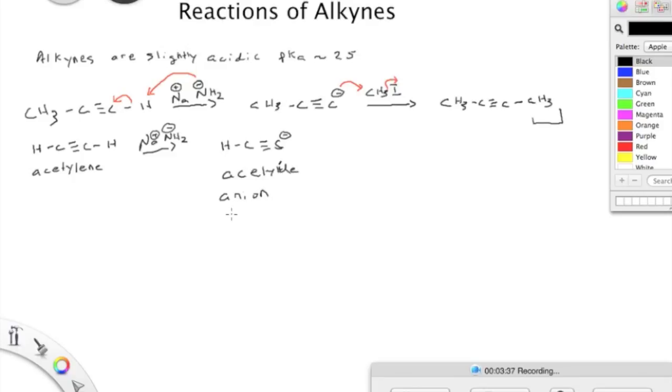Now, there are some limitations to this, and this is really only useful, so let's just make a note. Limitations with this. And so you're limited to primary alkyl halides.